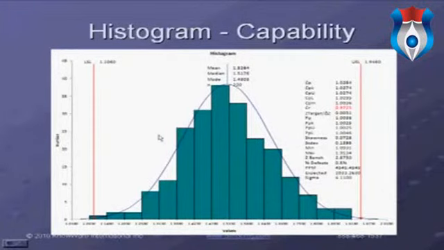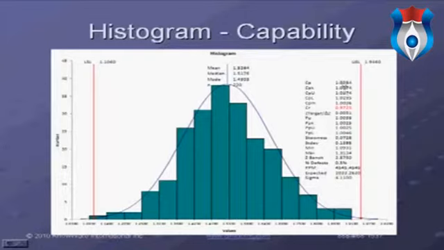Capability, we're going to use a histogram. The histogram simply says, on the lower side, our customer wants a lower spec limit of X and an upper spec limit of Y. And here you can see we've got some buckets, showing how many widgets we measured fell into each bucket, and here's our bell-shaped curve. There are a couple of metrics called CP and CPK which help us determine whether our process is capable.